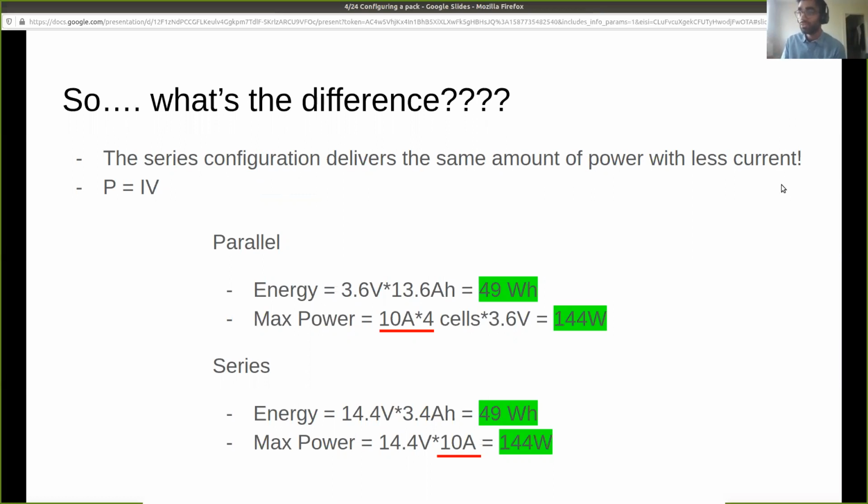Power is equal to the current times the voltage. The series pack, the 4 cells in series, has a higher voltage, so for the same amount of power, it uses less current. The parallel battery pack uses 40 amps to deliver 144 watts, and the series pack uses 10 amps to deliver 144 watts.